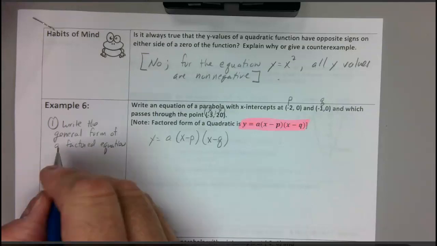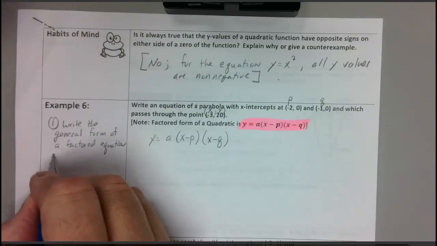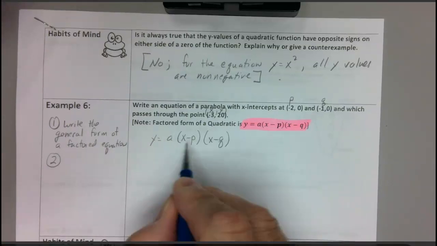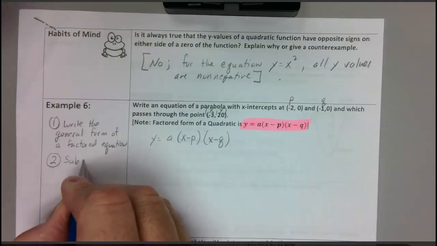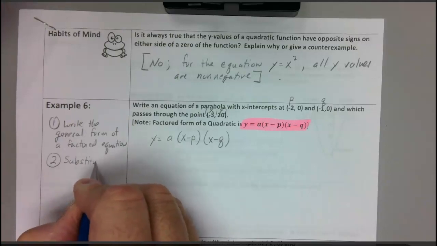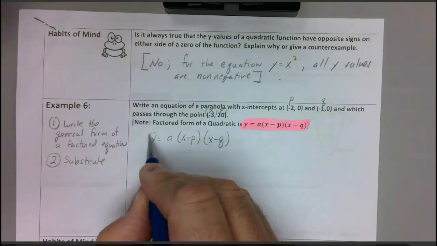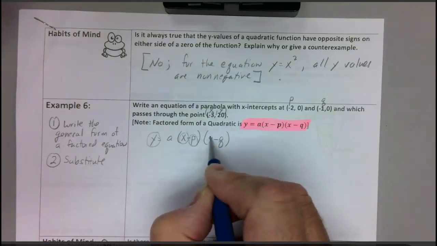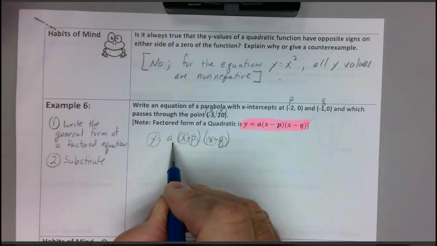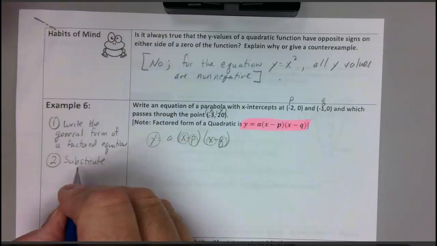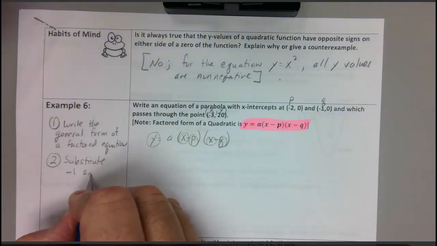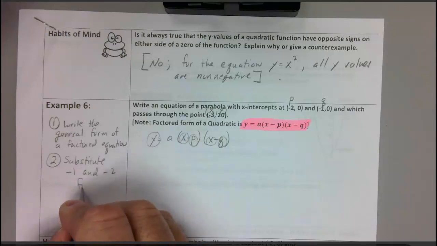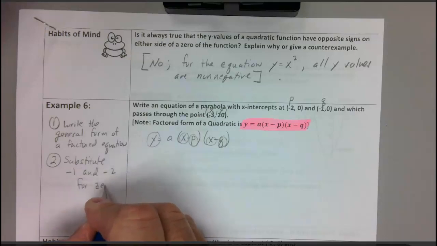So I'm going to substitute for these variables here and solve for a. Substitute -1 and -2 for zeros. Your zeros are p and q.